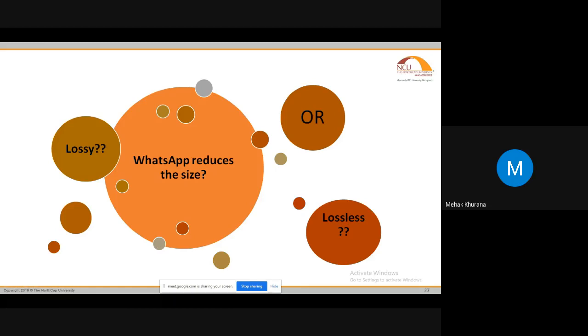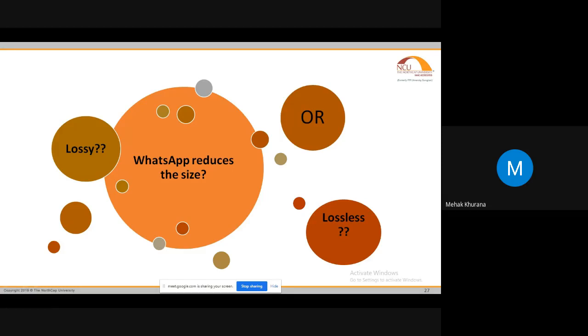So any one of you can try sending an image, and the size of the image will reduce, and the same image you can try to upload on some other site, like Facebook. You will see there is a loss in the quality of the image. Somebody has clicked my picture and I ask that person to please send my image, and they send it through WhatsApp.